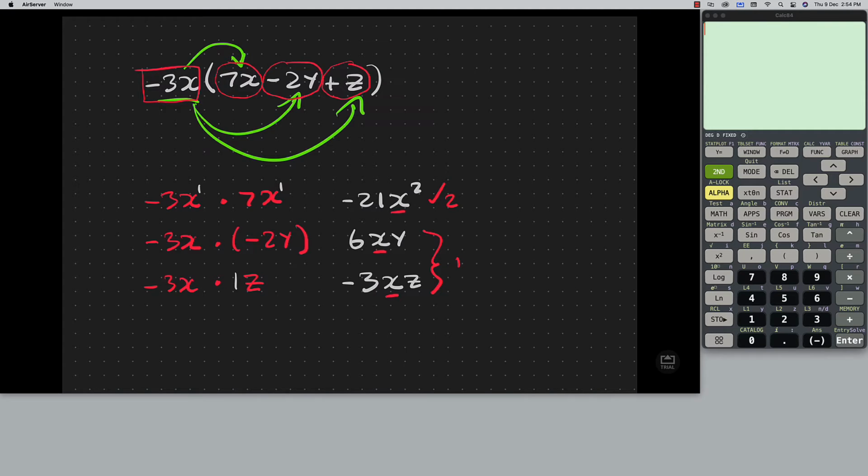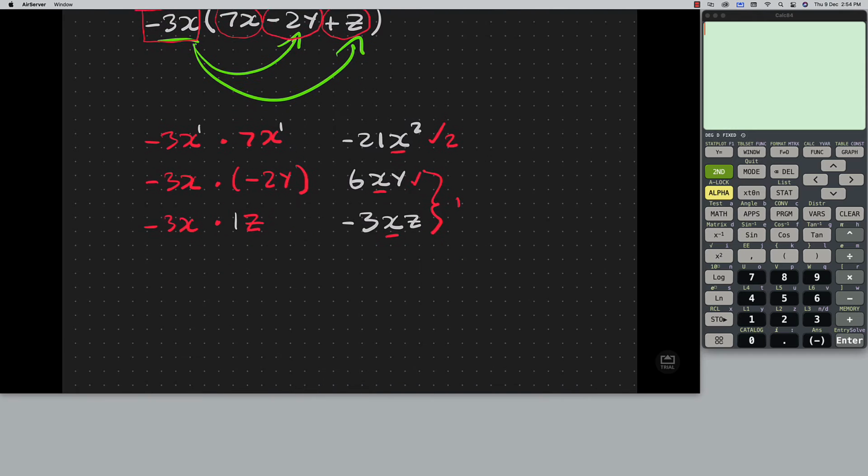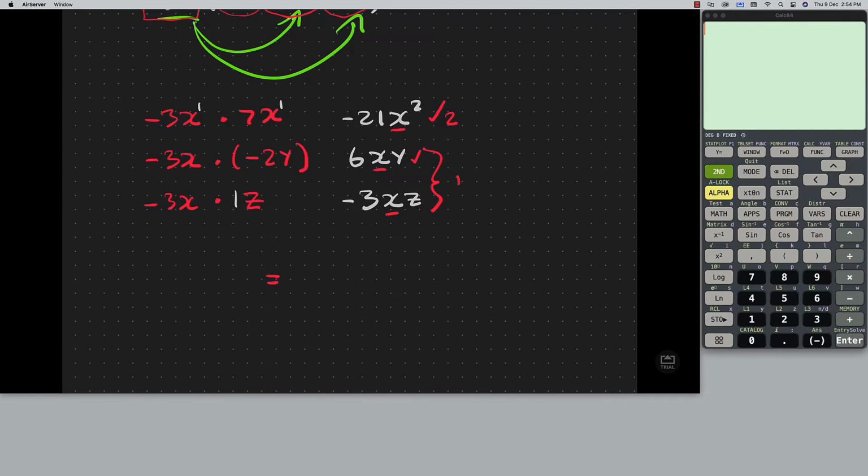Well, to me, I would choose this one second because y comes before z. So for me, my answer would be -21x squared plus 6xy minus 3xz.